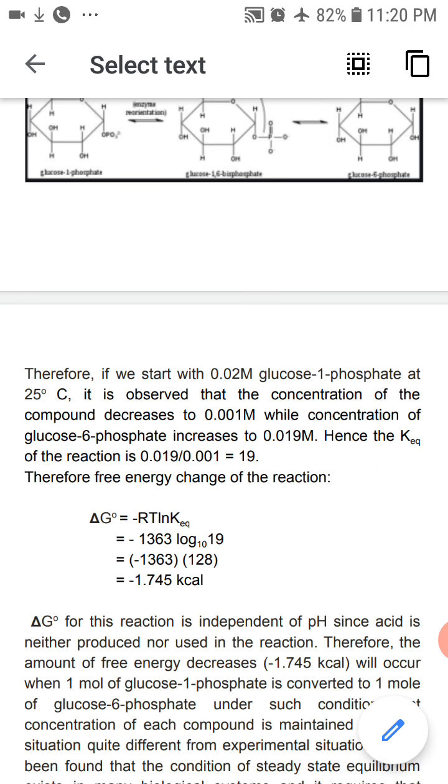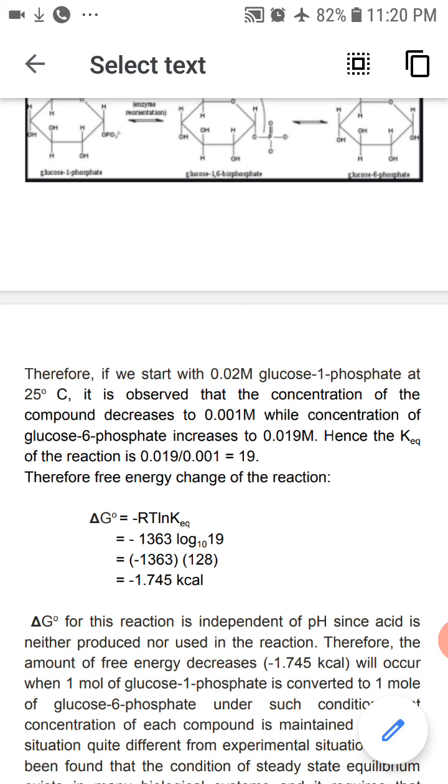Hence K equilibrium of the reaction is 0.019 by 0.001, that is 19.